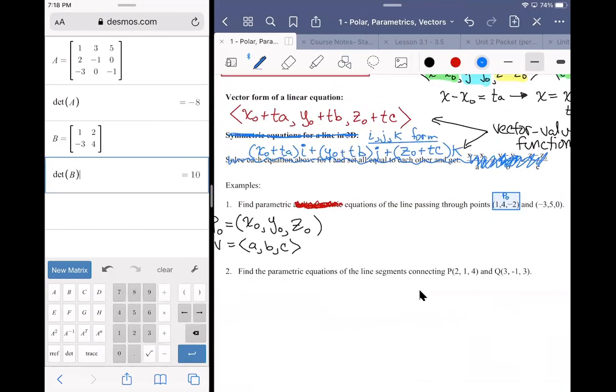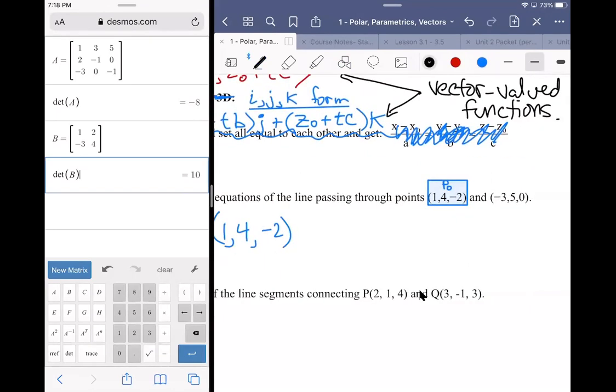If you wanted to, you could let the other one be p sub o. You'd get a different looking set of equations, but they would amount to the same thing, right? So this would be (1, 4, -2).